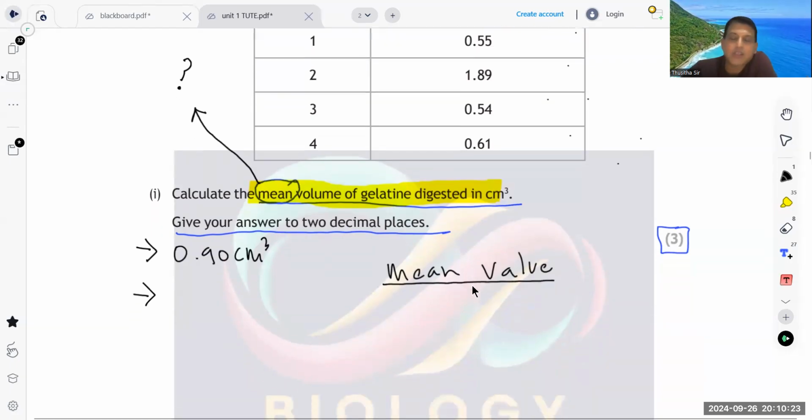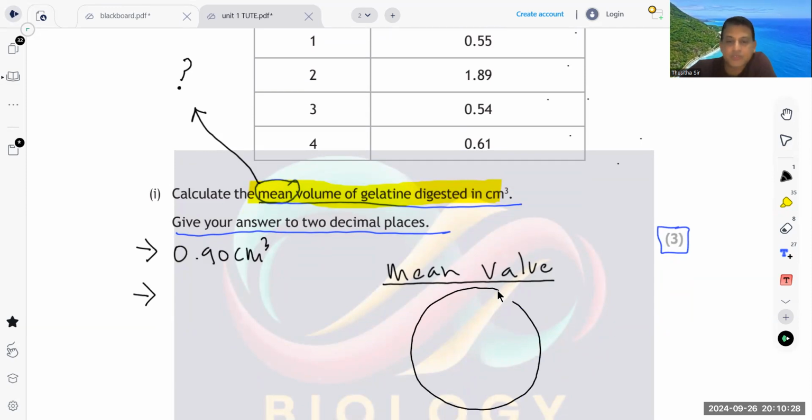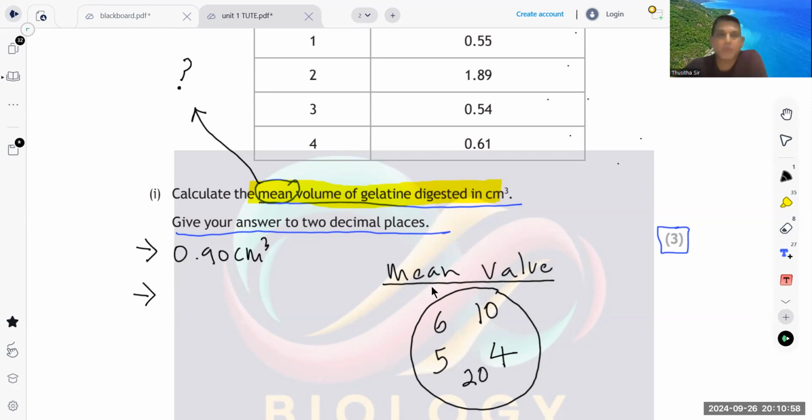For example, if there are several values in this group, let's say 6 is one value, and 4 is another value, and 10 is another value, and 5 is another value, and 20 is another value.